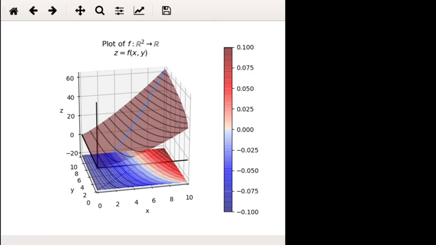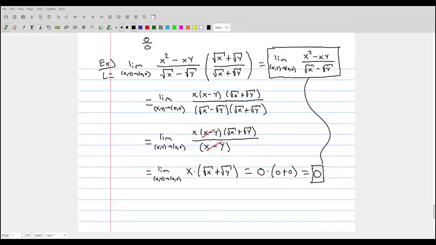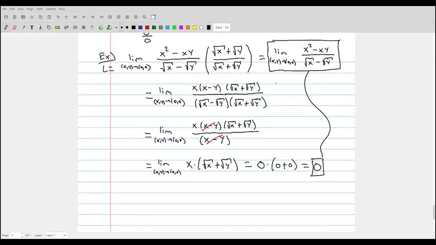So this is a very good example. Just because you have an indeterminate form doesn't mean that the limit does not exist. There are many other types of examples you could consider as well.